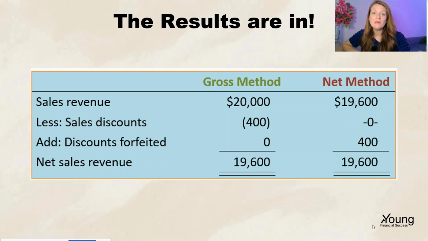That's just if they wouldn't have paid in time, we would have added 400 to our sales revenue, which would have increased our net sales revenue. But since that didn't happen, I didn't change the total. If we did, we would have seen 19,600 under sales revenue, we would have added 400, and then our sales revenue would have been 20,000. So I'm just showing you what it would have looked like if they had not paid within the 10 days and taken the discount.